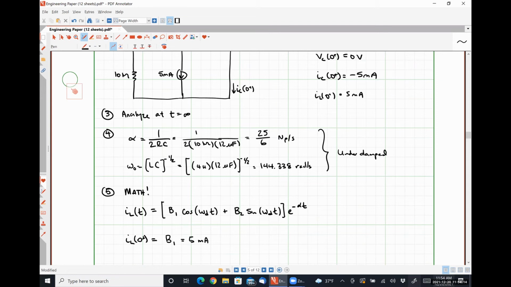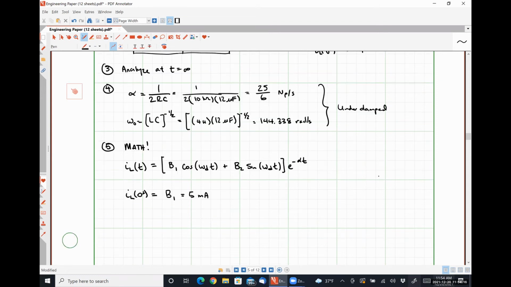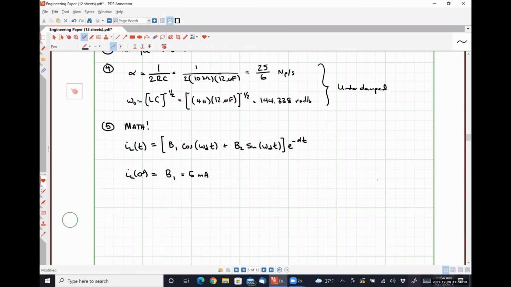All right. Our inductor voltage, which is the same as our capacitor voltage, will have the following form. This is pulled from the table. I've derived it once, and that's the only time I want to do it.